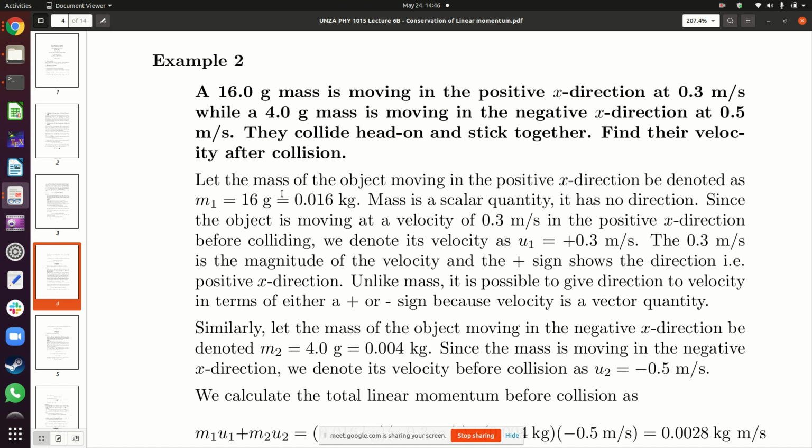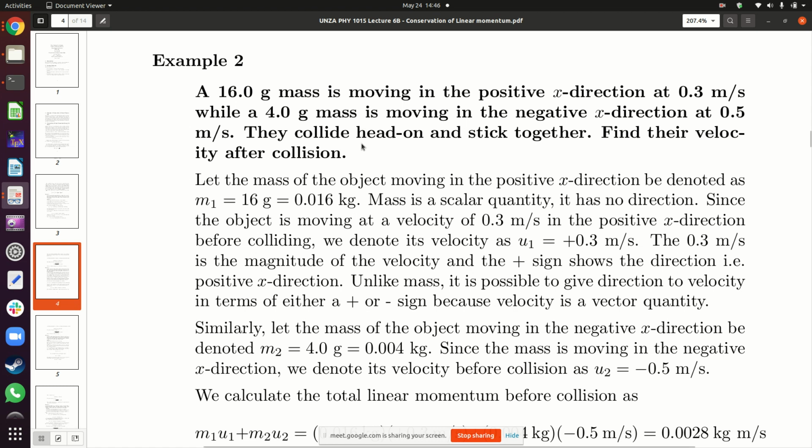So here you have two objects. Mass 1, the first object, has a mass of 16 grams. It is moving in the positive x direction, so the velocity of the object is plus 0.3 meters per second. Then there's another mass, 4 grams, moving in the opposite direction, the negative x direction, so its velocity is going to be minus 0.5 meters per second.